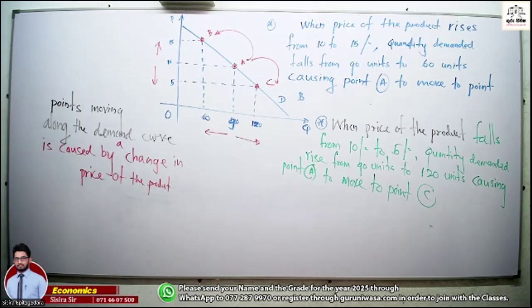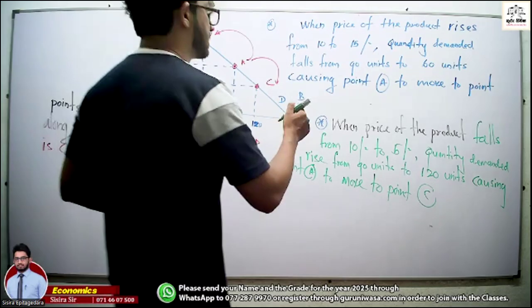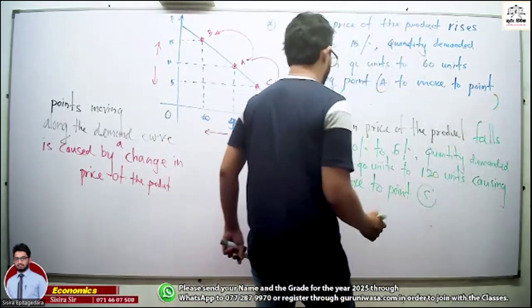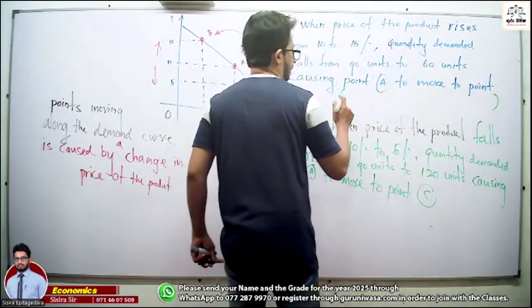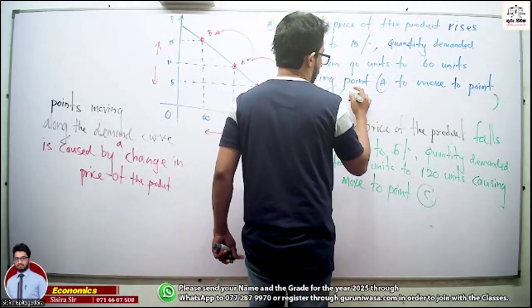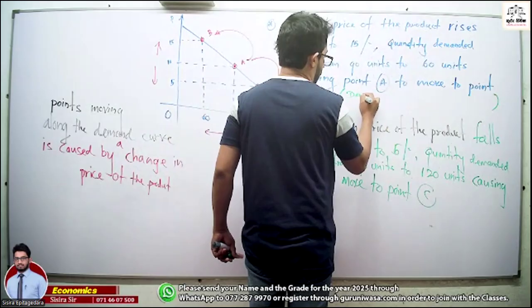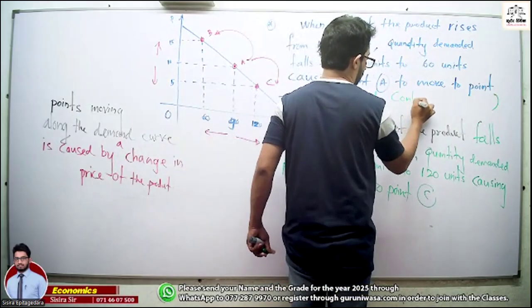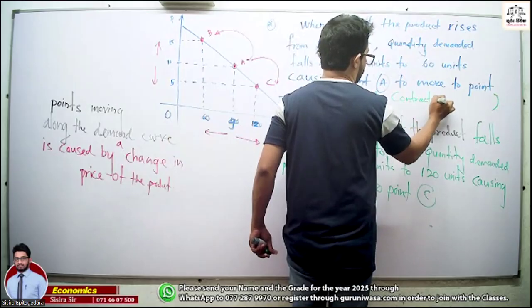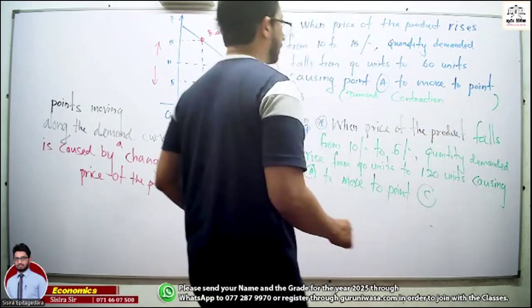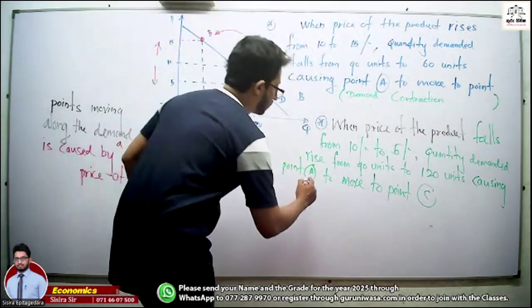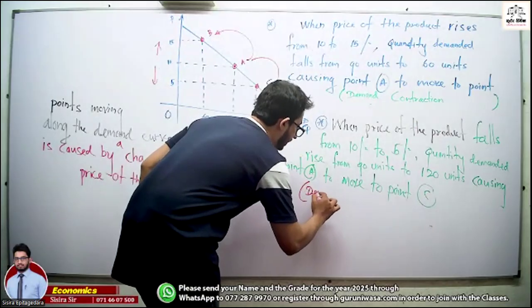I forgot to say, if you have any extra space here, within brackets you can write down, this is called demand contraction. This is called demand expansion.